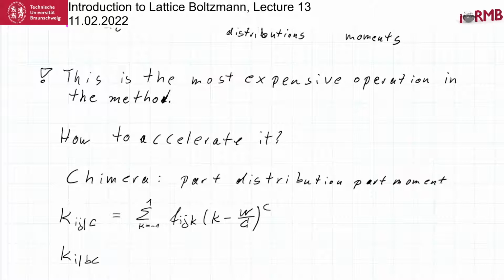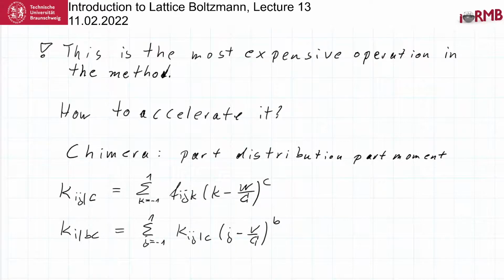I keep the x direction in distribution form, and I'm just summing over j now from -1 to 1 of the chimera K_ijc, times (j - v/c)^b.